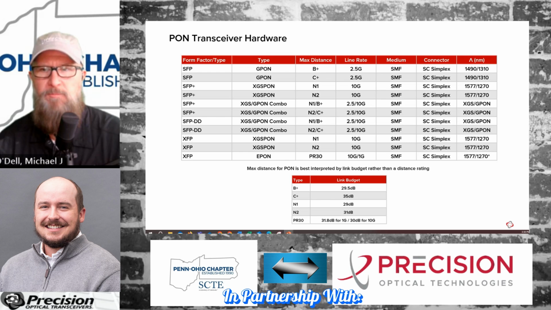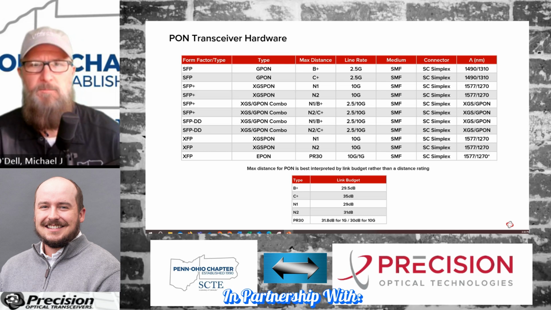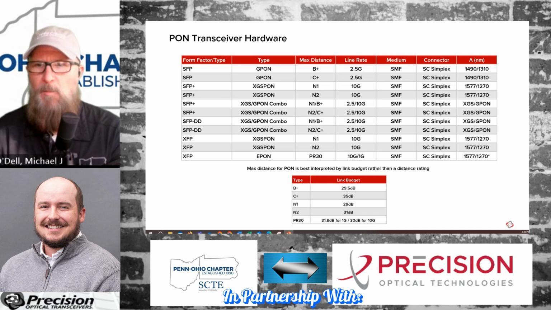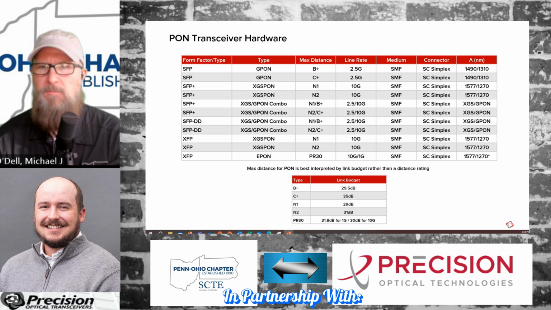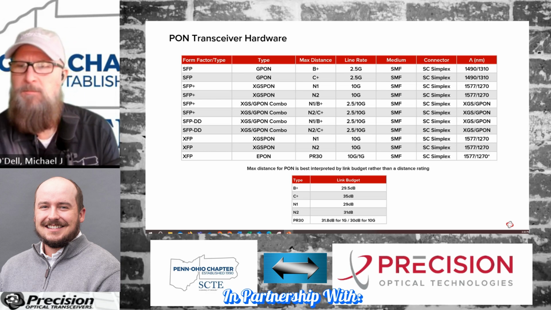The splitters eat up a lot of the optical link budget. Now correct me if I'm wrong, but a 1x4 splitter takes about 3 dB. A 1x8 takes 6. A 1x16 will take 9. A 1x32 will take 12.